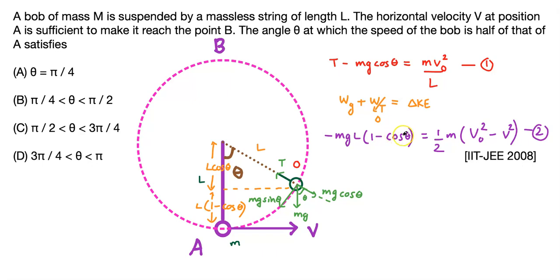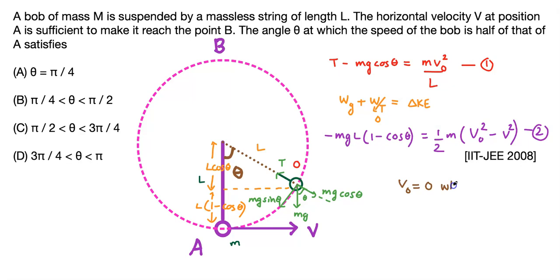Okay, perfect. Now, what do we want to understand? So the velocity v at position A is sufficient to make it reach the point B, right? So that means the bob barely reaches point B. It's like when it reaches point B, it's just done. So another way of saying that is Vo is 0, right? And when is it 0?